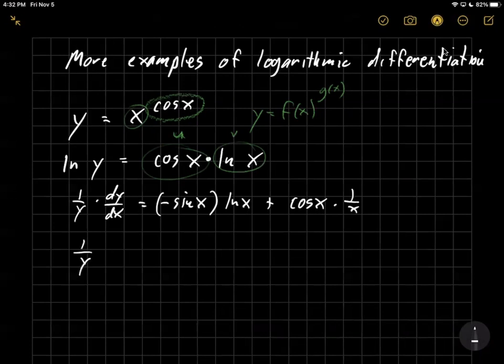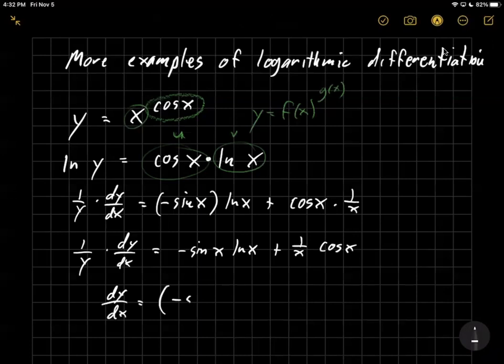So 1 over y times dy dx is negative sine x ln of x plus, probably move the 1 over x to the front, you could call it cosine of x over x. Either way is good. And then dy dx is equal to all of that times y.